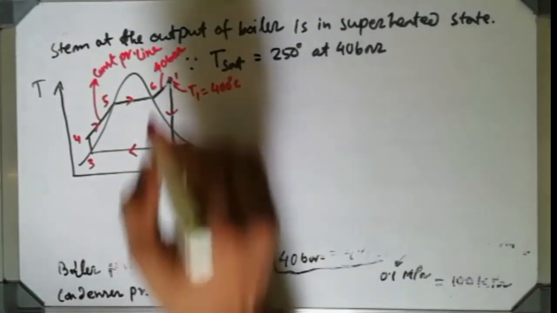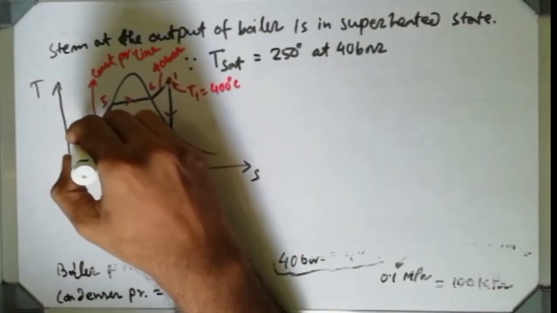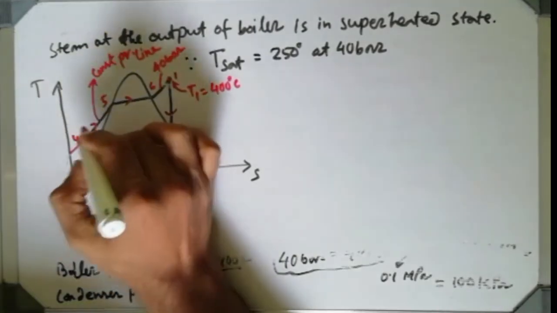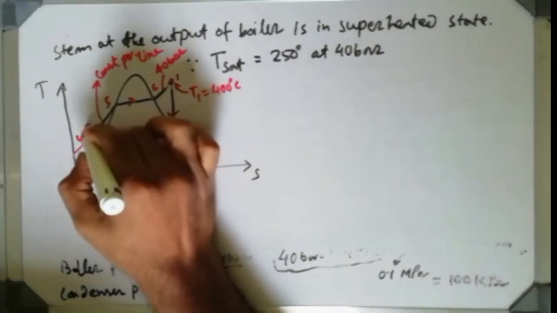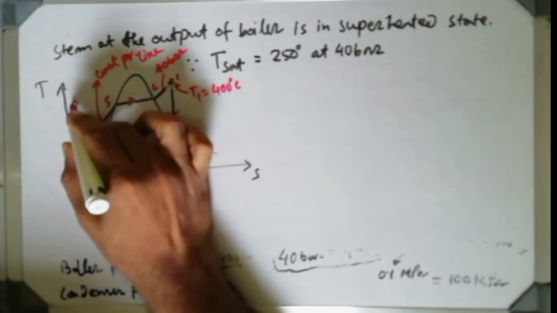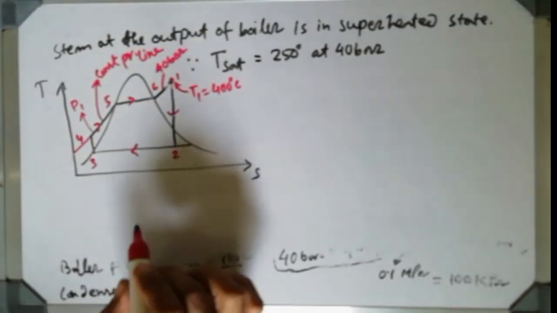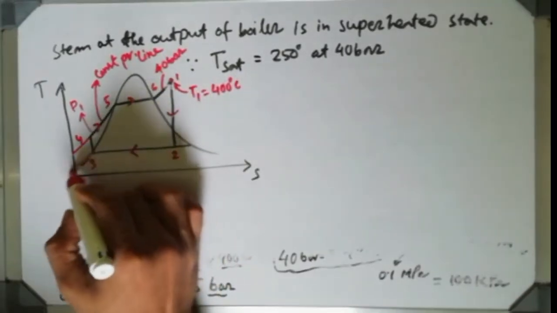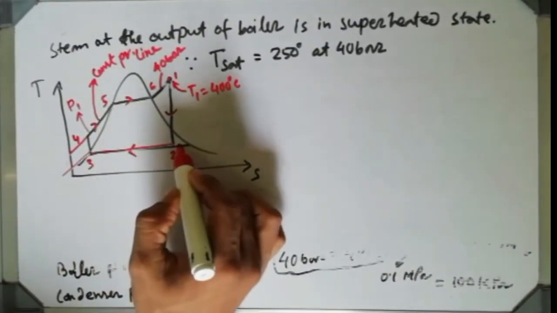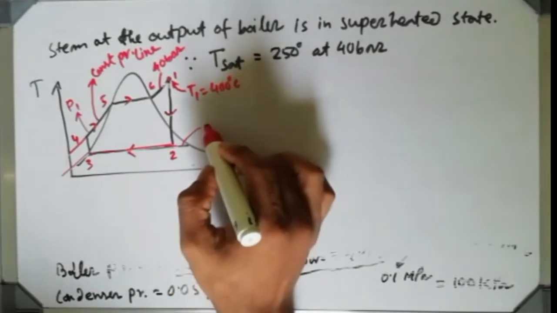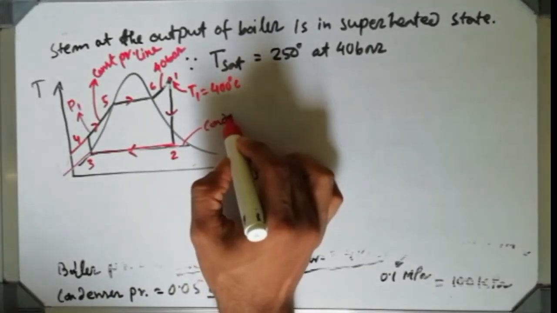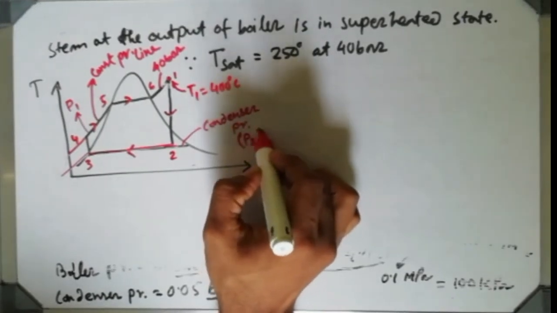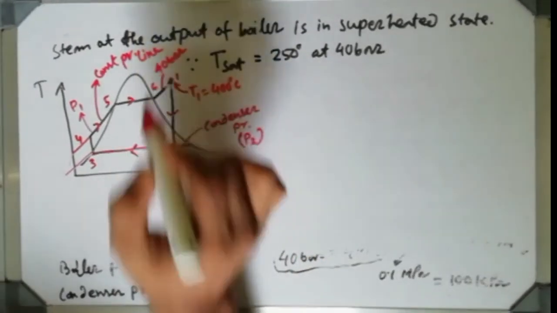Understood? And suppose I consider this constant pressure line, I am marking it as P1 pressure, so it will be easier. The second pressure is the condenser pressure, a different pressure line, which is obviously very low, and I am representing it by P2, while the boiler pressure is 40 bar.